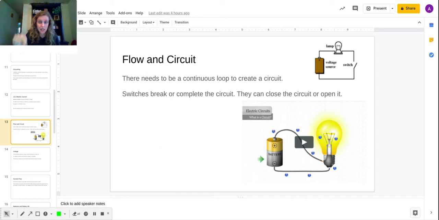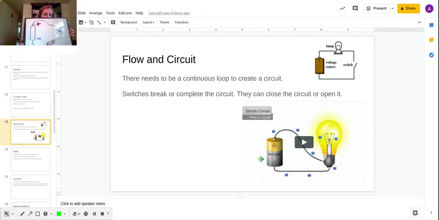And then electricity keeps flowing down into the negative side of the battery. So this is a circuit. It's a continuous loop. Like I said earlier, a switch will either make or break the circuit. So that's what a light switch or any other switch does: it either turns it on and connects the circuit, or turns it off, so it breaks the circuit.